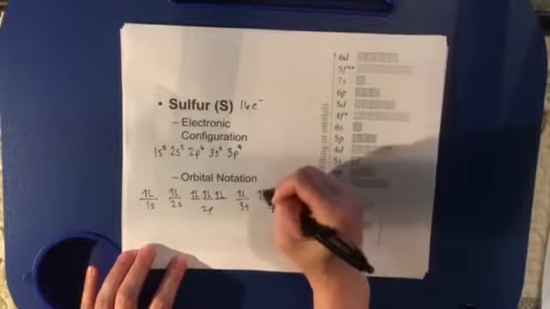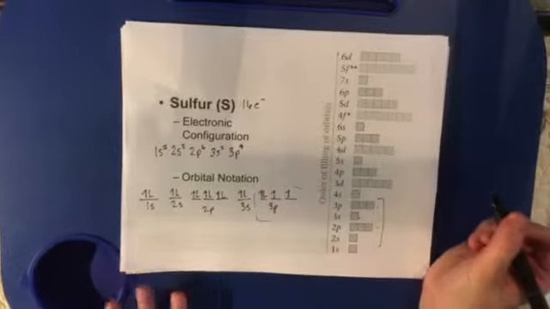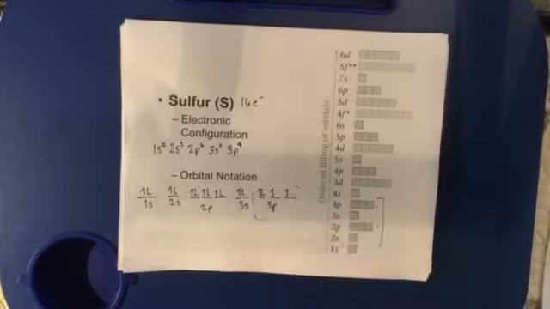So I put 3 and then I pair it. And so this is where we are obeying Hund's rule, where we're going to put 1 in each before we start pairing them.